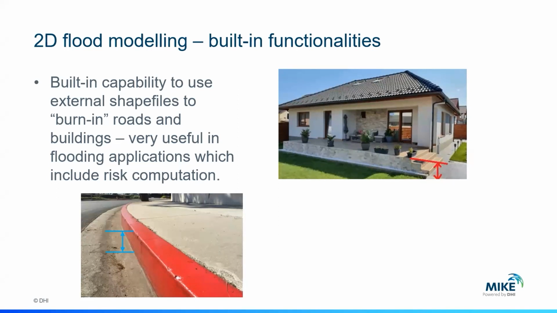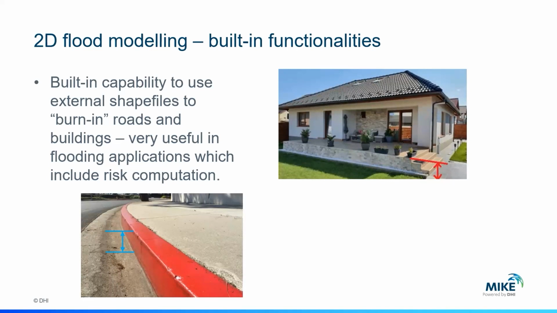We can also use this tool to burn in the roads in order to take into account the difference between the sidewalk elevation and the road elevation, so basically accounting for the curb.